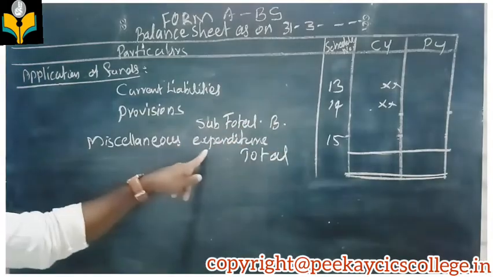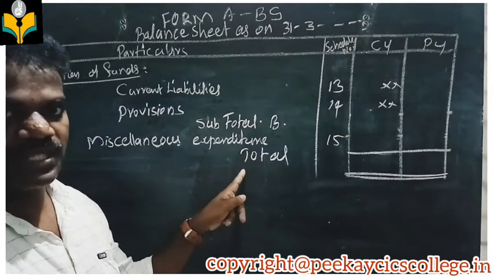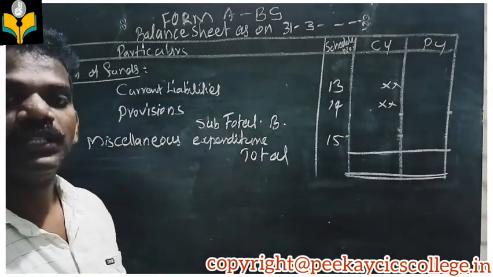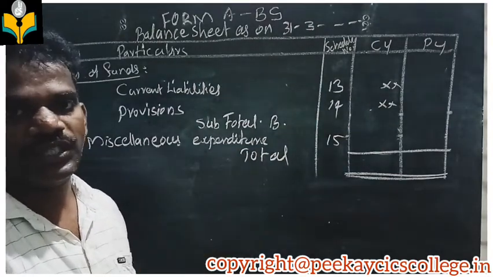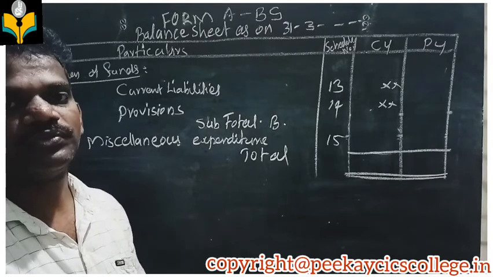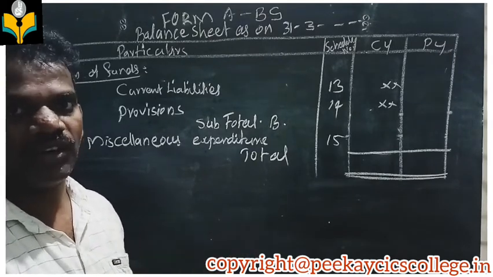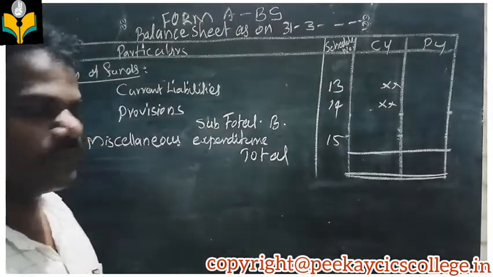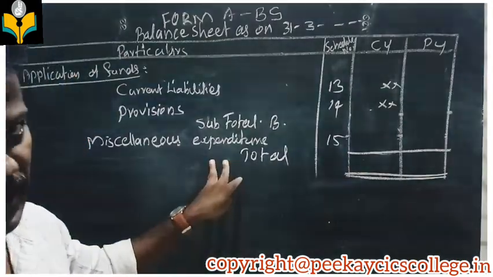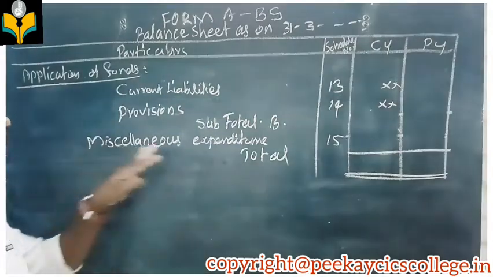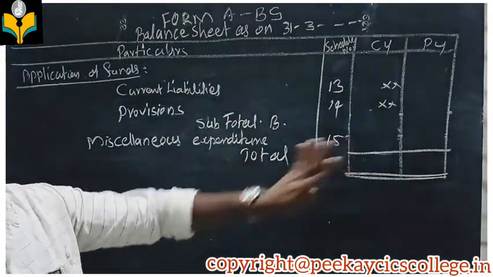Then miscellaneous expenditure, that means discount on issue of shares, debentures or any other financial document, or any other expenditure that should be recorded. Miscellaneous expenditure, schedule number 15.